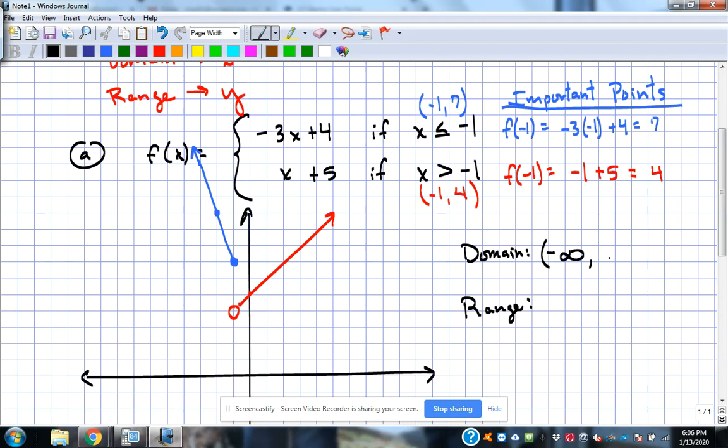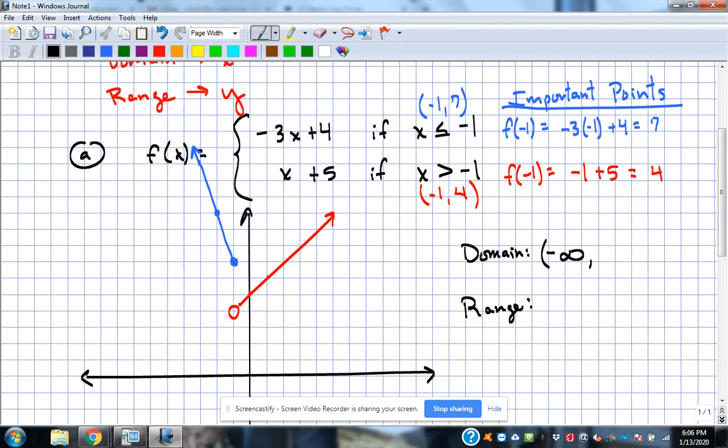The first piece uses negative 1. The second piece, where does it start? Where's the domain start for the second piece? What was the first place we went to? Negative 1. So negative 1 was used in the first piece, but it wasn't used in the second piece. But the key is that it was used. So we're not skipping negative 1. We're not skipping any numbers.